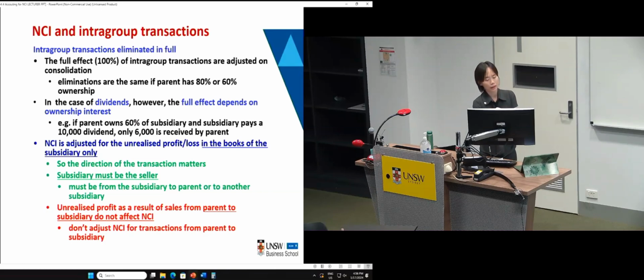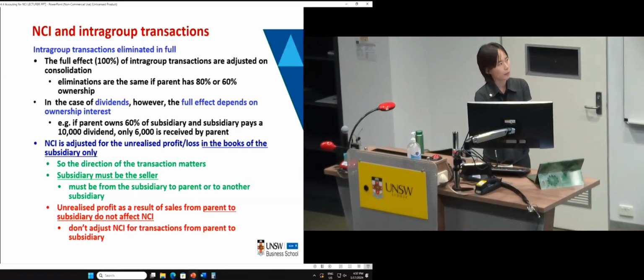According to ASB 10, full elimination is required. So you have to eliminate in full all the intragroup assets, liabilities, revenue, expenses and equity, regardless of the parent's ownership interest in the subsidiary. But you need to pay attention to the dividend, because the full effect of dividend depends on the parent's ownership interest.